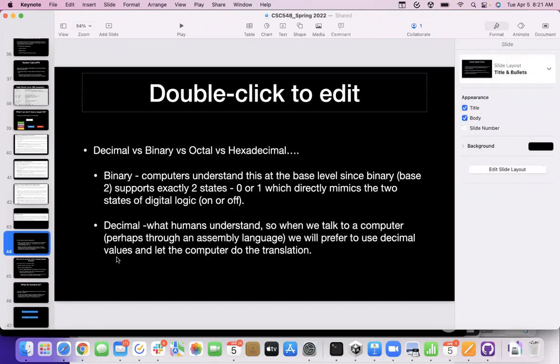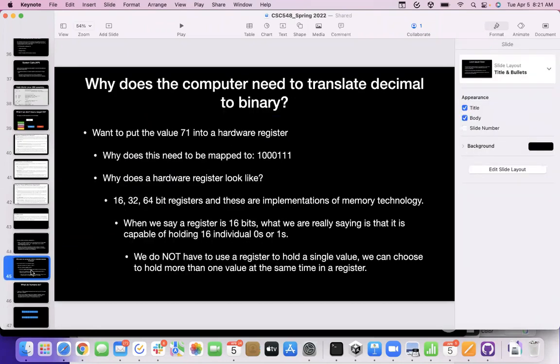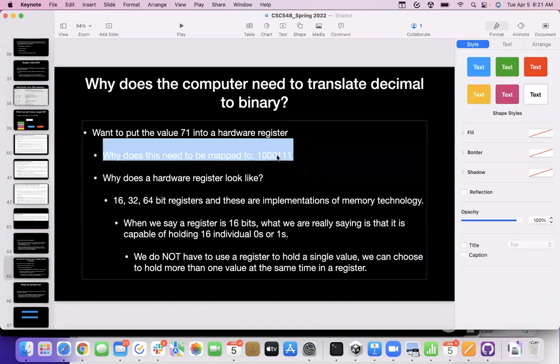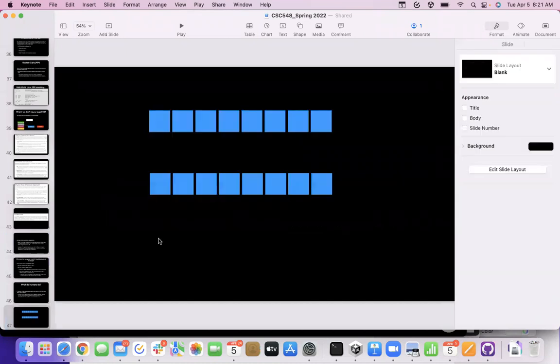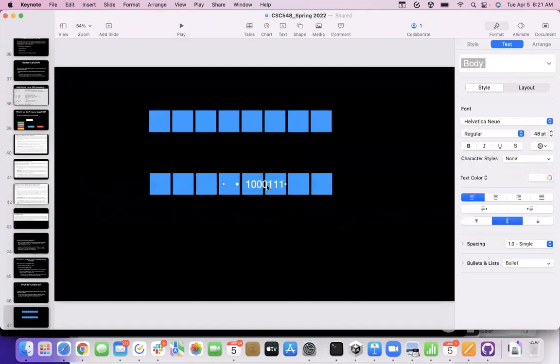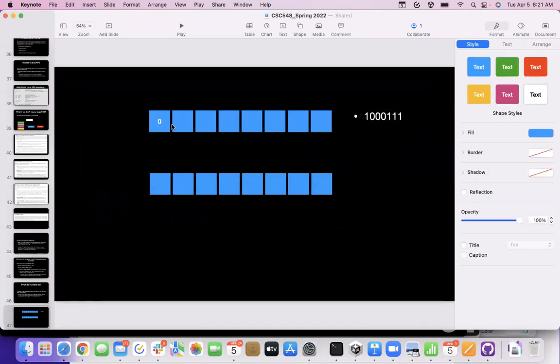In an 8-bit register, I can store a single value like that.